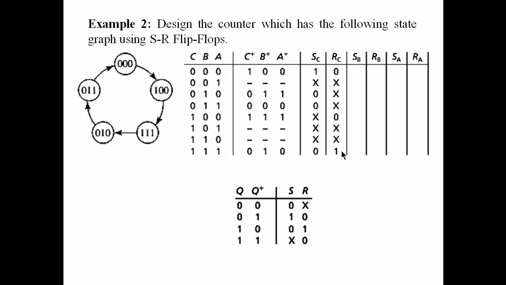And we continue like this until we fill the two columns. And in the same way, we can write all the values here. These two columns are related to B and B plus, and these two columns are related to A and A plus.